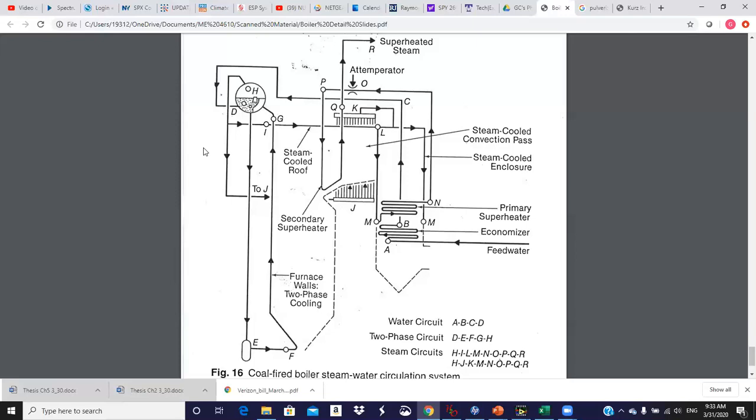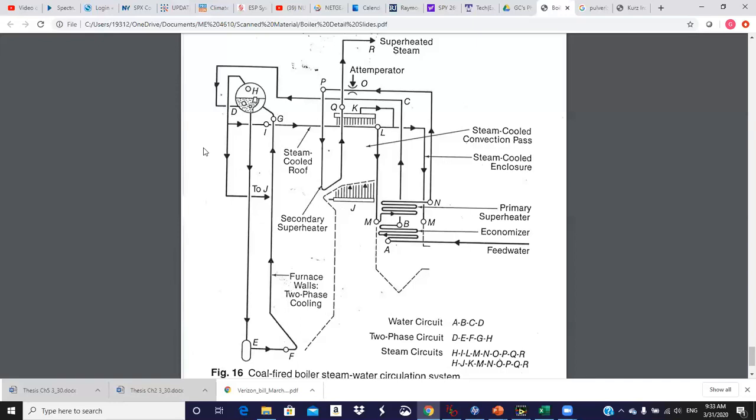So we want to spray in between the superheaters, which is where you see at point O on the attemperator, then to P, which is the entrance to the secondary superheater, and then we come out, I guess, at Q, and then we're in the steam pipe going out to the turbine from Q to R. Okay, I think I made it through.